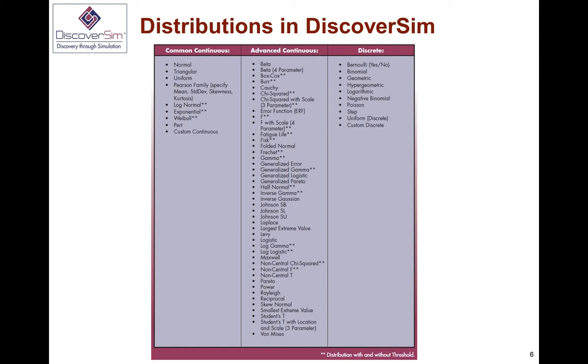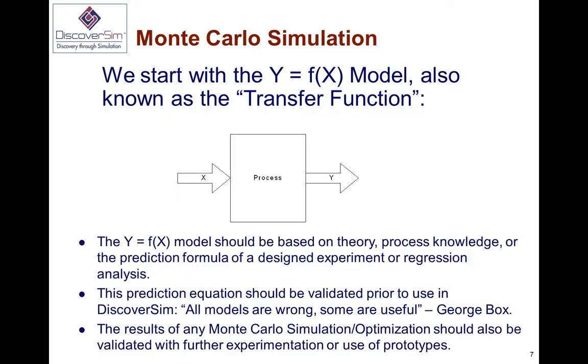All right. Custom continuous is another one that you can use. Then there's a whole bunch of advanced continuous. I won't go through the list. And then we have discrete, and one of the distributions we'll be looking at today is this custom discrete. Okay, so that's our list of distributions.